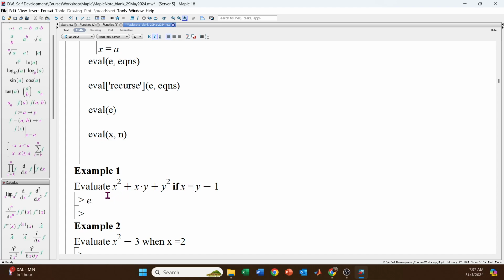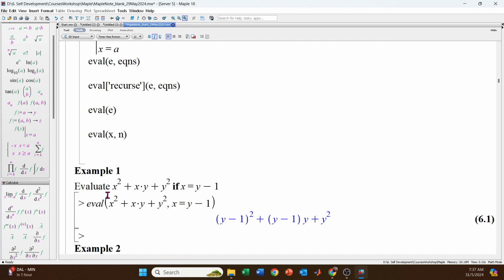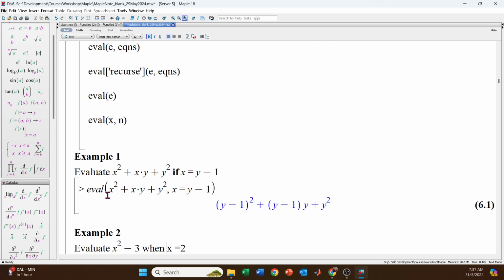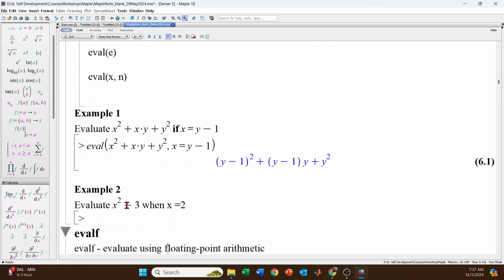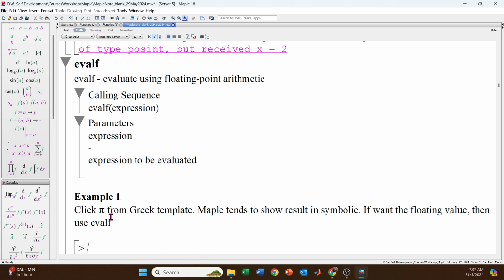So you use eval for x squared plus x times y plus y squared when x equals y minus 1. Evaluate x squared minus 3 when x equals 2. So eval x power 2 minus 3, with x equal 2, like this.